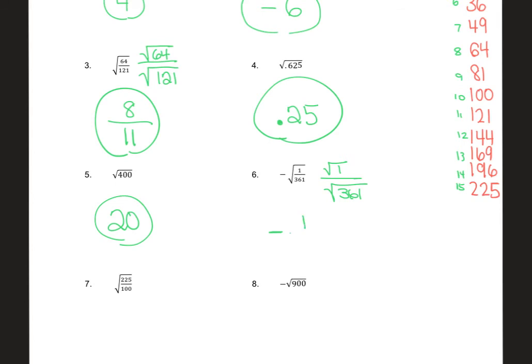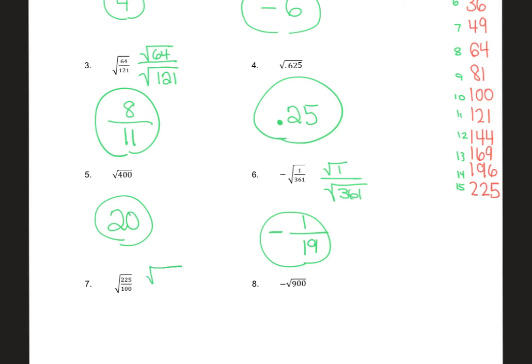Square root of 1 is 1. The square root of 361, I believe, is 19. Yes, it is. So we get negative 1 over 19.